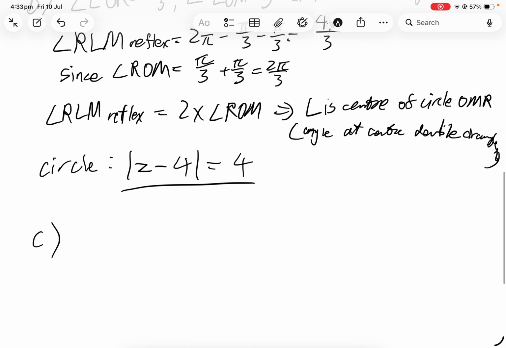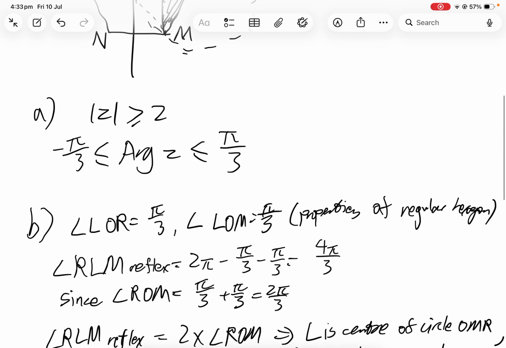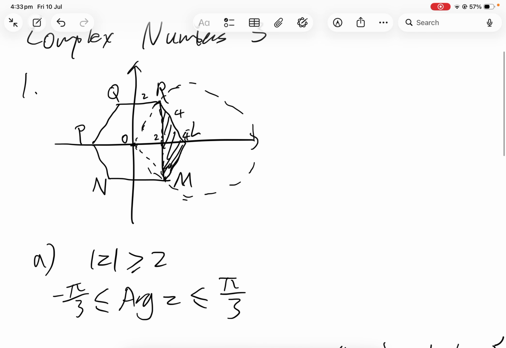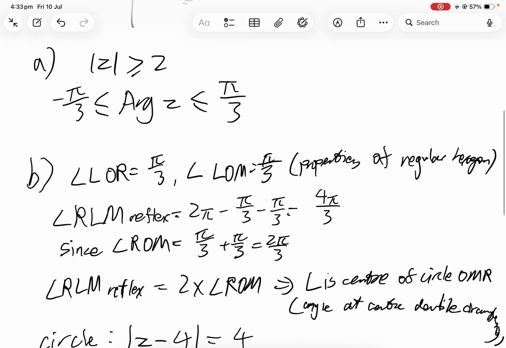Part C says to find the complex number corresponding to N and Q. Point N and Q. And because we were using angles the whole time, it'll just be extra difficult if we use the rectangular form. So just use the cis form.